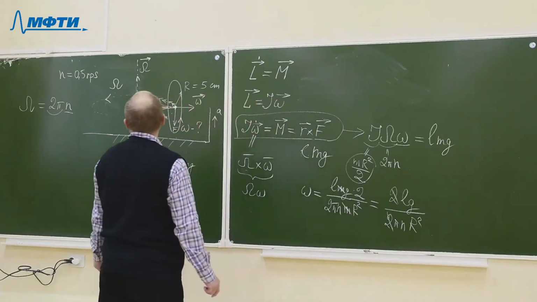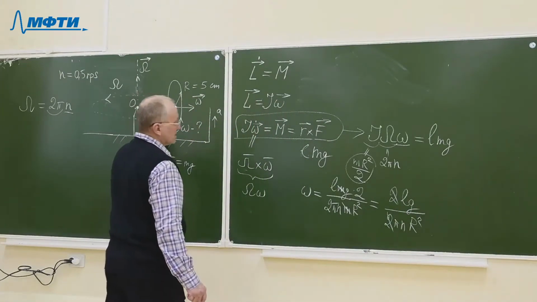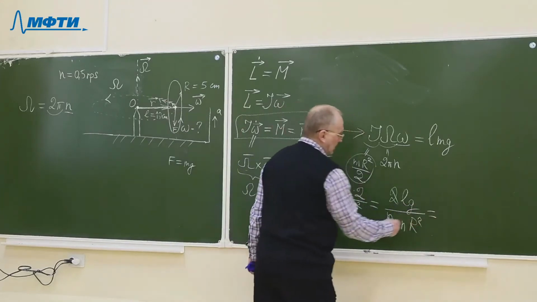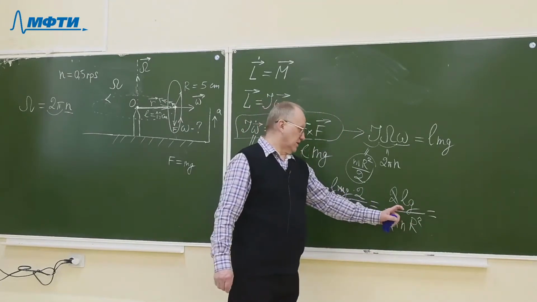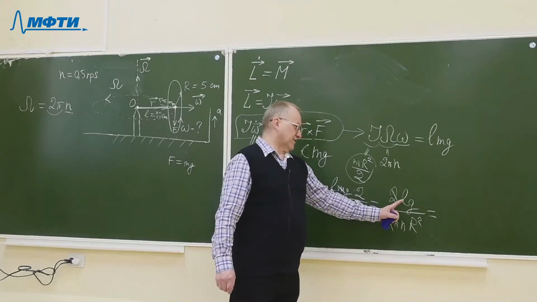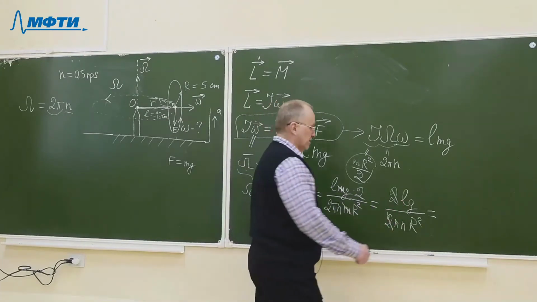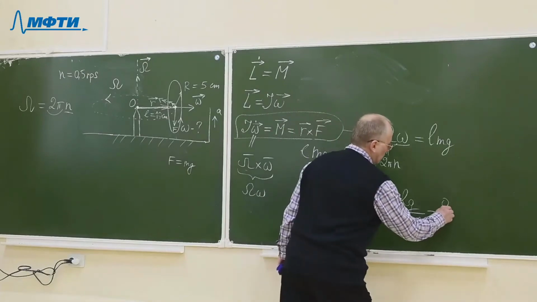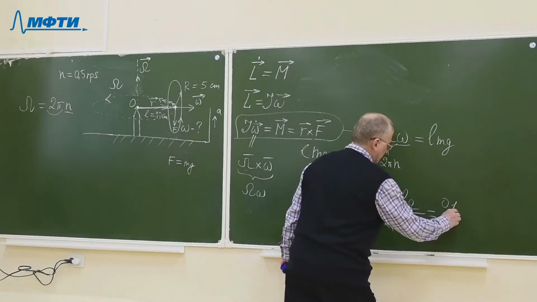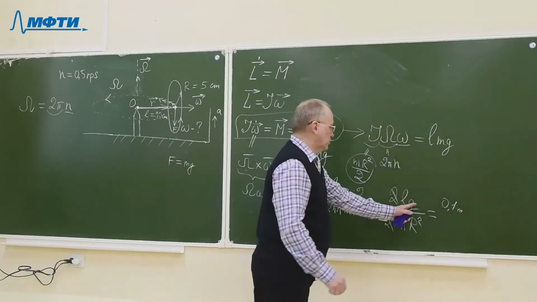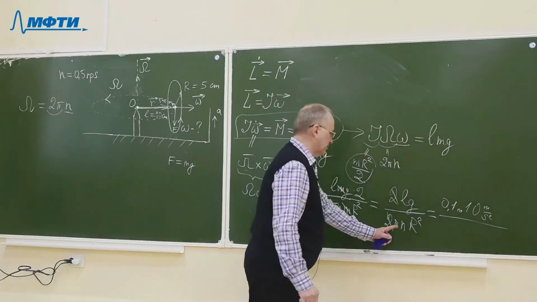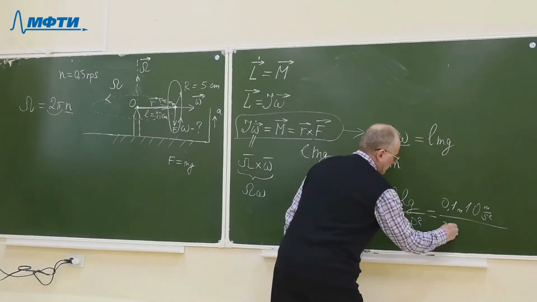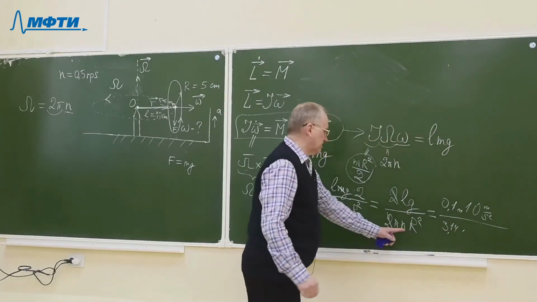So let's do this calculation. L is 10 centimeters. I will use the International SI system, so I will have to express this L in meters. If it's 10 centimeters, it's 0.1 meters. G is 10 meters per second squared divided by pi, 3.14, times n.